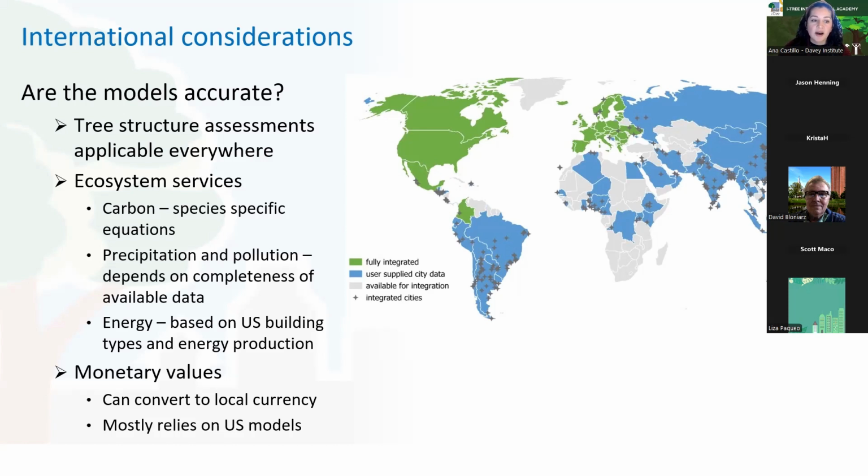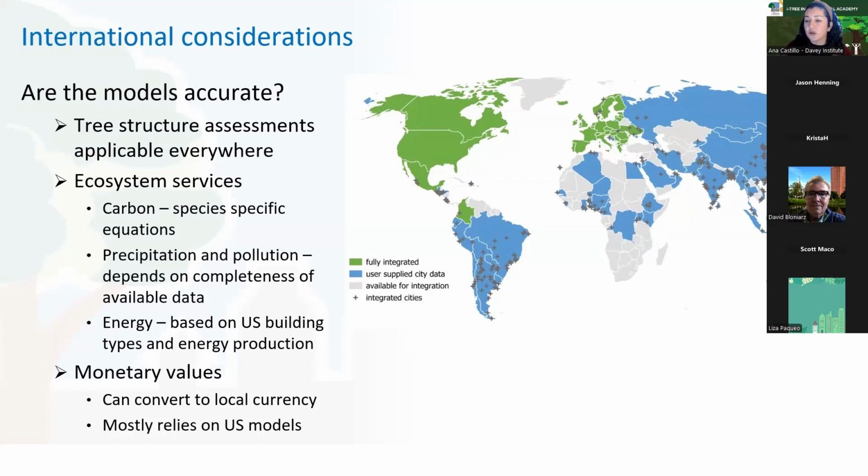For the ecosystem services, specifically for carbon, the iTree Eco model uses species-specific equations. So as long as you correctly identify the trees, those will be as accurate as those models are for anywhere in the world. And we also have tropical equations as well.